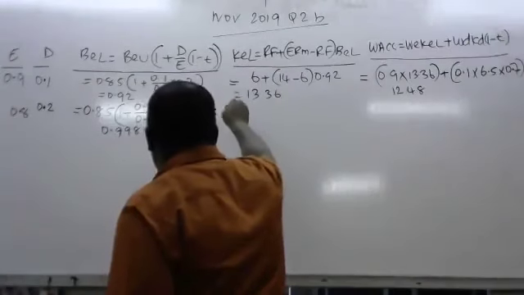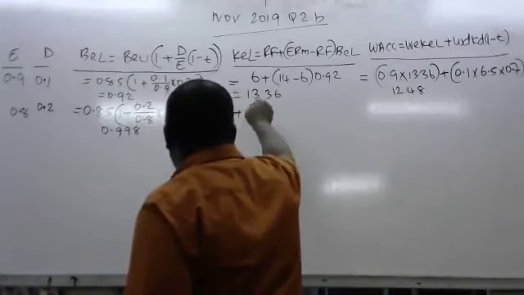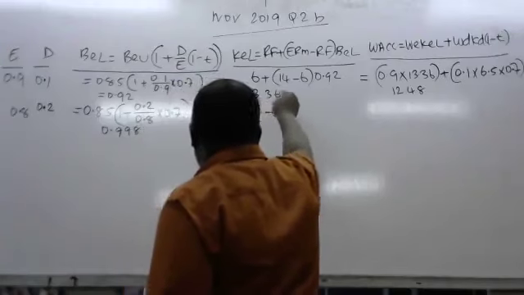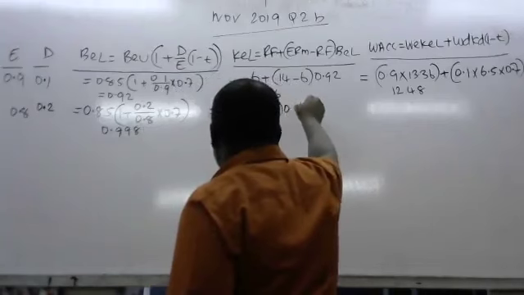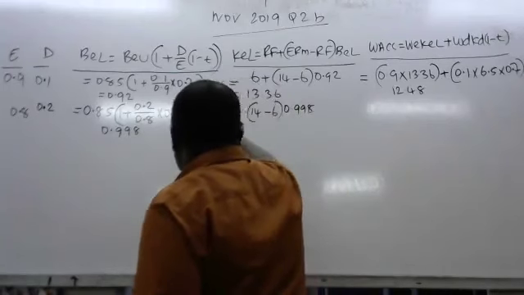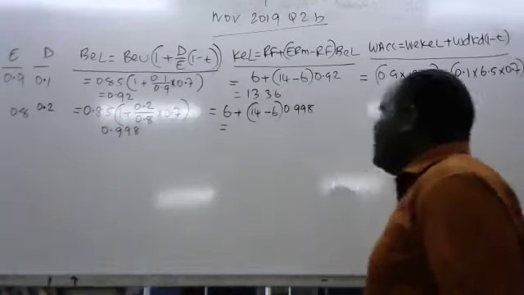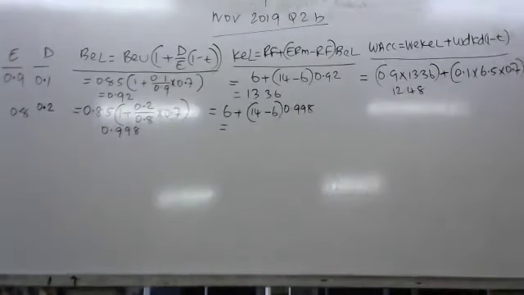it will be 6. Then also 14 minus 6, also multiplied by 0.998. And see the figure we shall be able to get at that point.